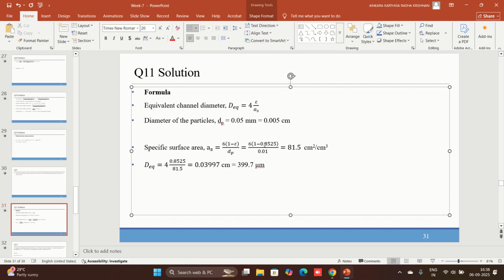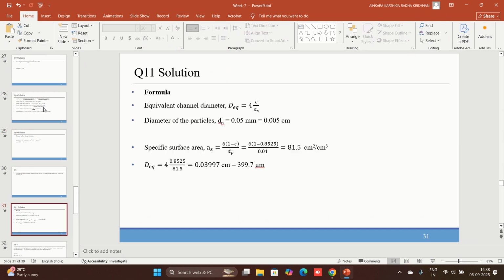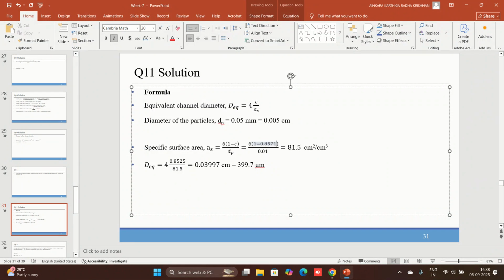So 6 into (1 minus epsilon), which again got changed now: 1 minus 0.8571 into 6 divided by 0.005. That gives 171.48 centimeter square by centimeter cube.